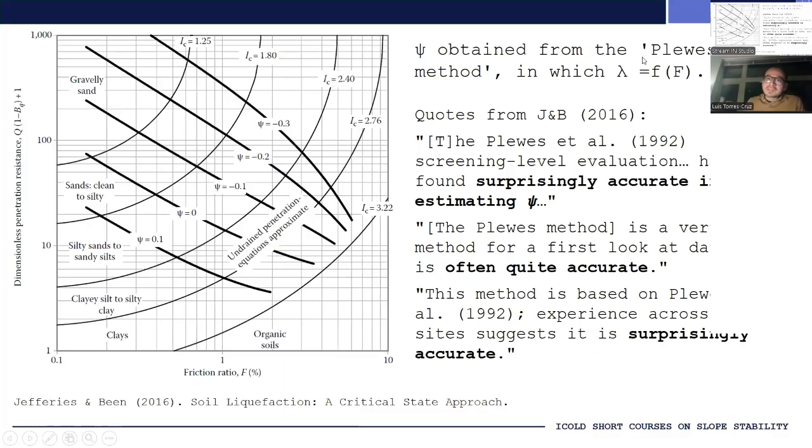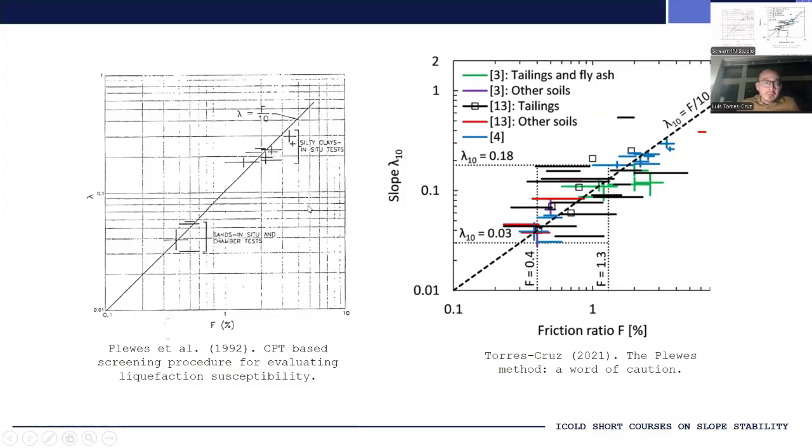For example, this Plewes method uses a correlation. It requires the slope lambda of the critical state line, and to calculate that lambda, it uses a correlation with the friction ratio of the CPT. This is what I am referring to.